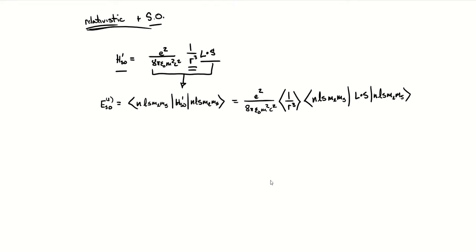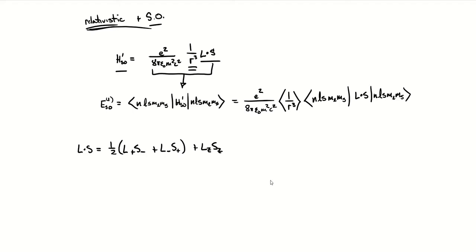Now, we previously have discussed how L dot S, as an operator, can be rewritten as 1/2 the raising operator on the orbital angular momentum times the lowering operator on the spin angular momentum, plus the converse of that, plus LZ SZ.